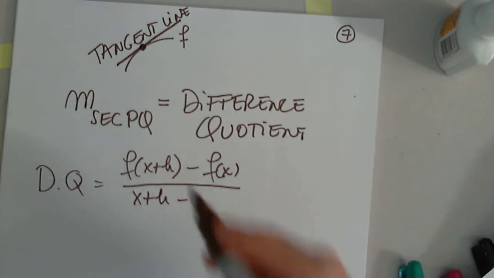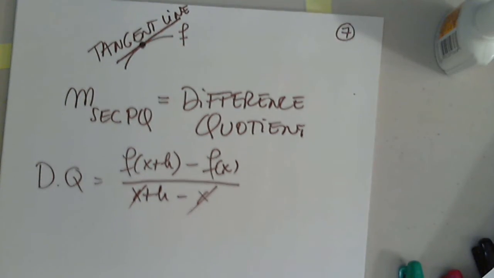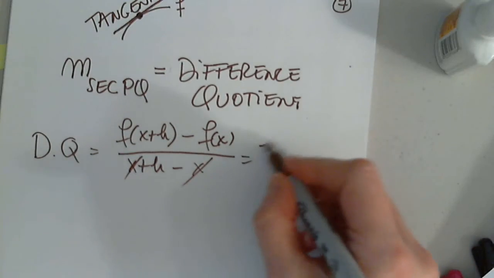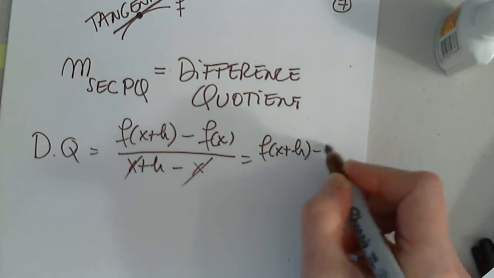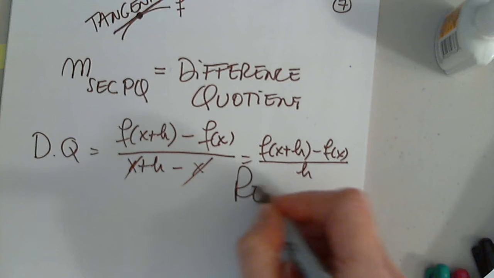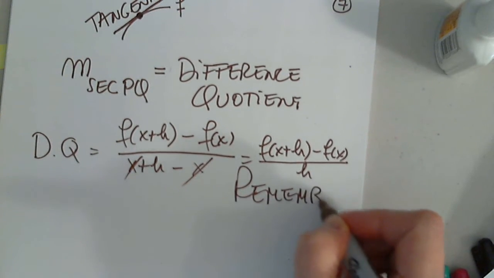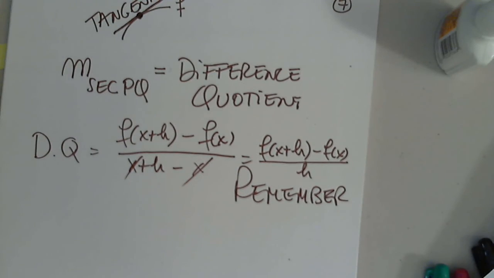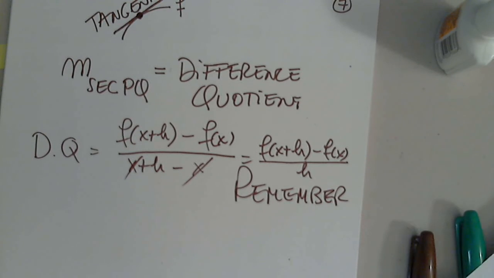Great job. Brilliant. Thank you. These two go away. So f of x plus h minus f of x divided by h, to remember forever. The difference quotient. And now let's see what it means. So let's come back to the graph for a moment.